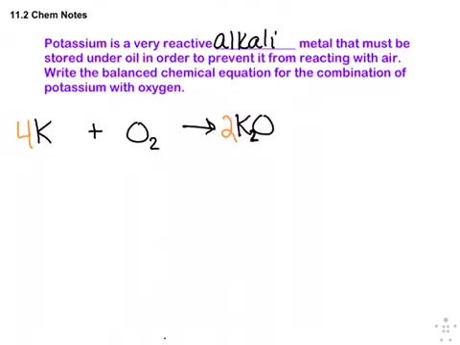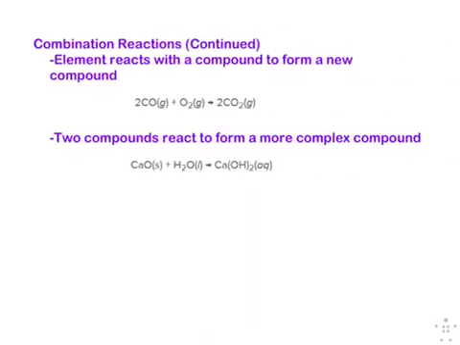This section is going to be almost identical to yesterday, except that you're going to have words that indicate the type of reaction that it is. So our next type of reaction that we're going to look at are still combination reactions. It's telling you that elements can react with a compound to form a new compound.